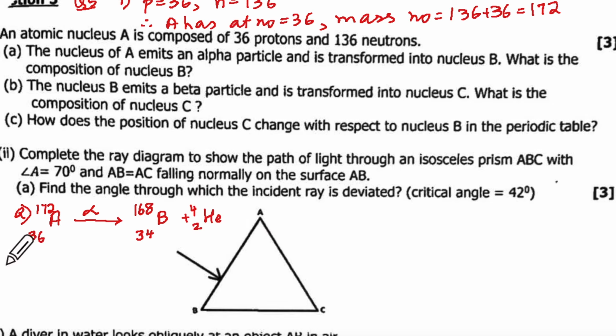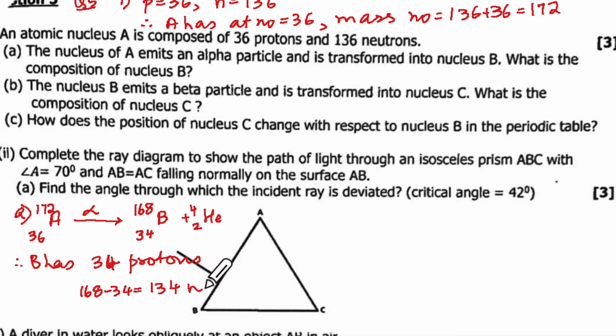Agreeable to you? Therefore B has how many protons? 34 protons. Okay, and 168 minus 34 means 134 neutrons. They asked me for the composition of B.